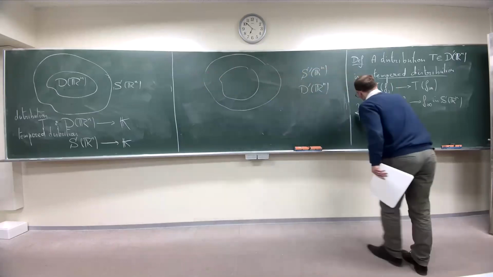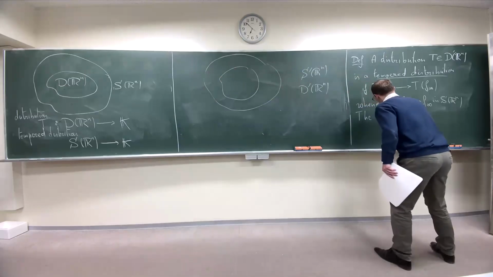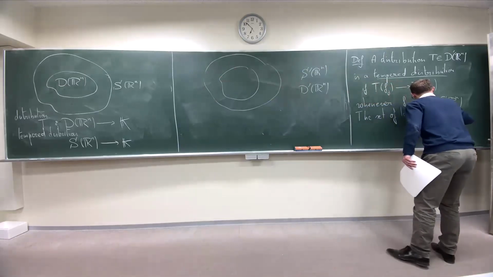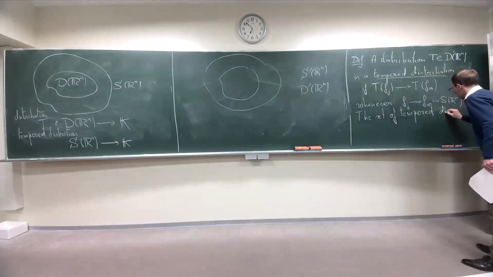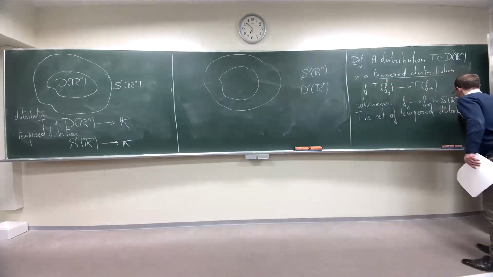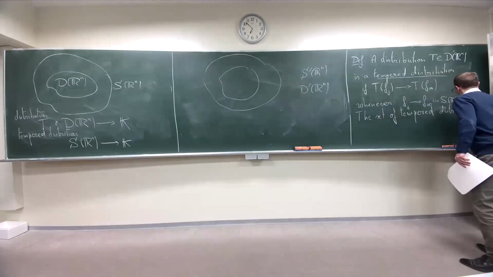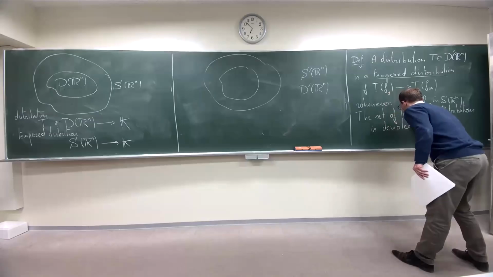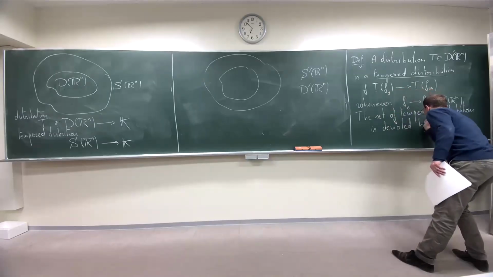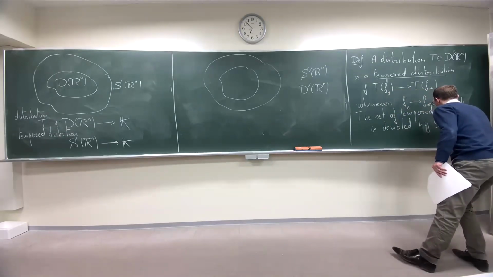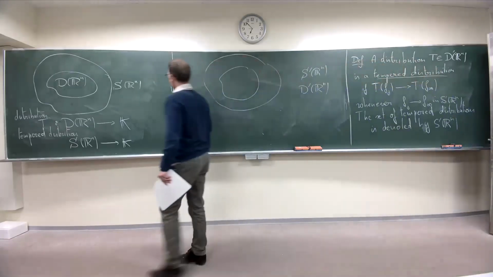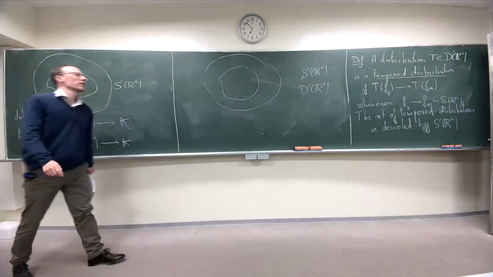The set of tempered distributions, I should have mentioned it before, is denoted by S prime. So can you tell me the smallest one?